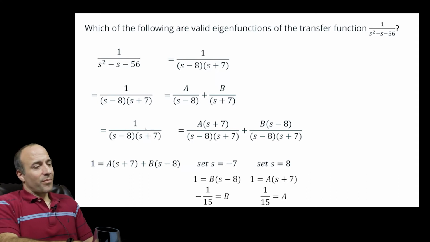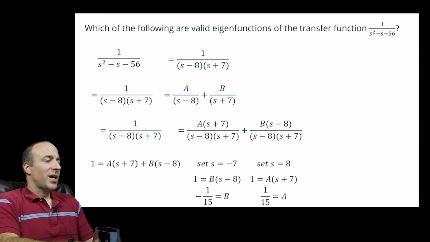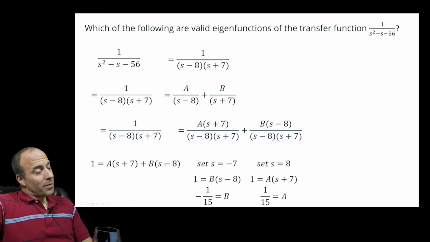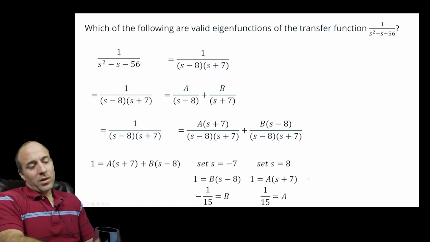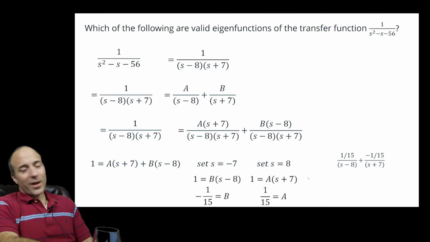And then we can also consider if s is 8, in which case the right-hand term of the right-hand side of the original expression becomes 0. And we're left with 1 equals a times s plus 7, which we can solve as a equals 1/15. And so we can resubstitute in our values of a and b.